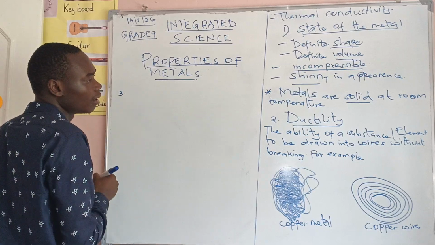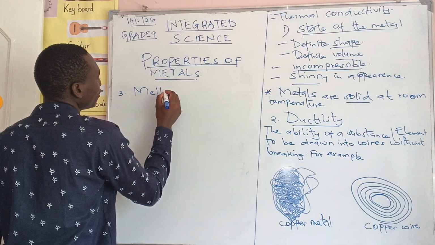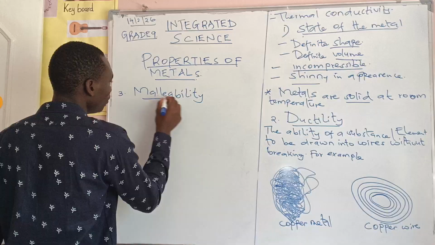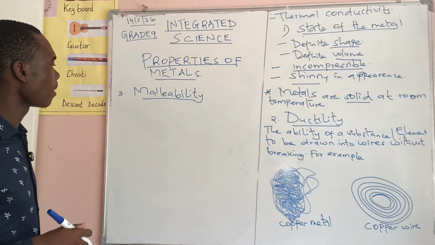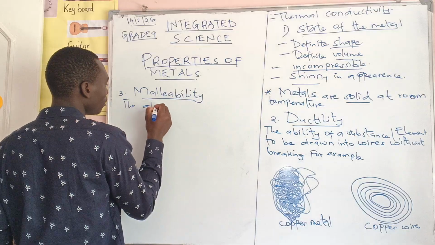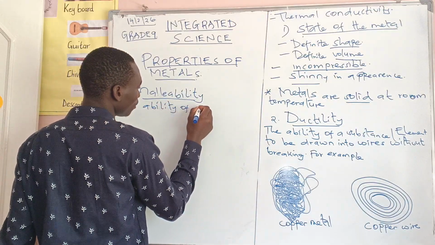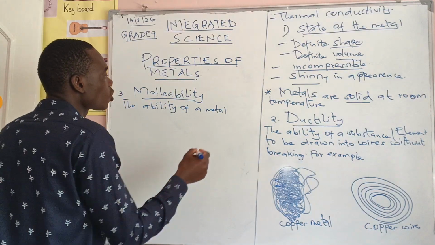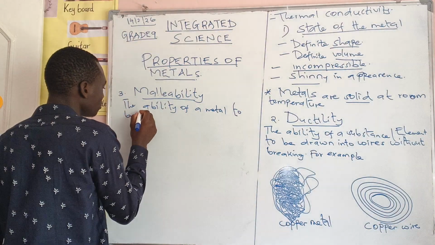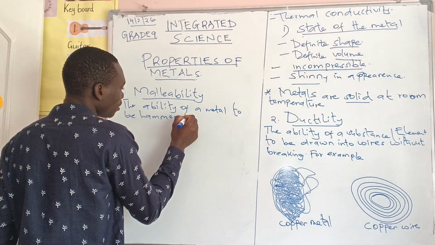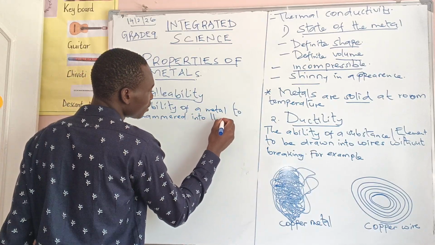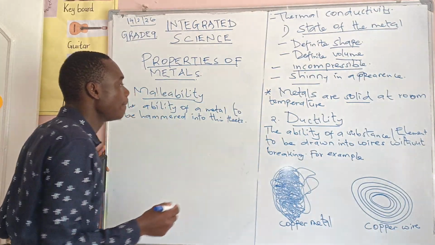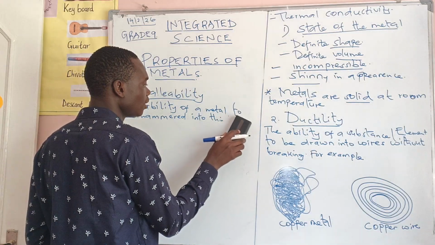So number 3, we have malleability. Now, the ability of a metal, or rather substance, or rather an element, to be hammered into thin sheets is called malleability.